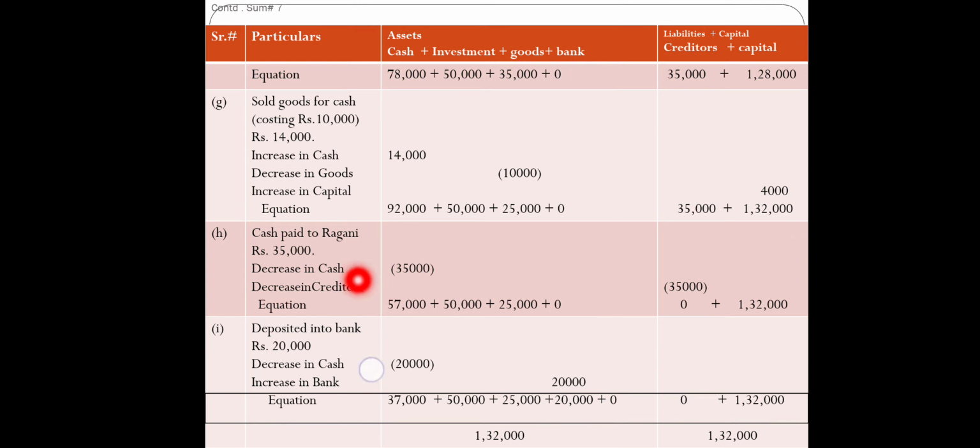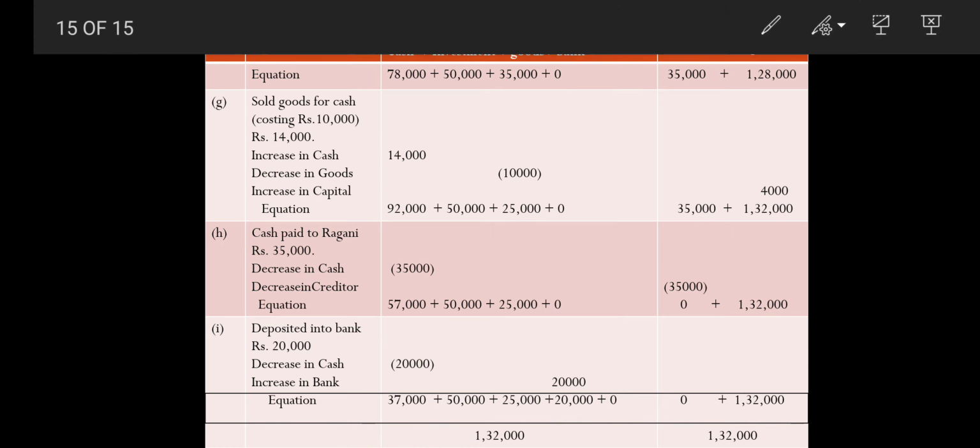Then comes cash paid to Ragini. Cash paid to Ragini will give a decrease in cash and creditors. Creditors decrease and cash decreases. And the last transaction, deposited into bank. I am depositing money into the bank, so my bank balance will increase.